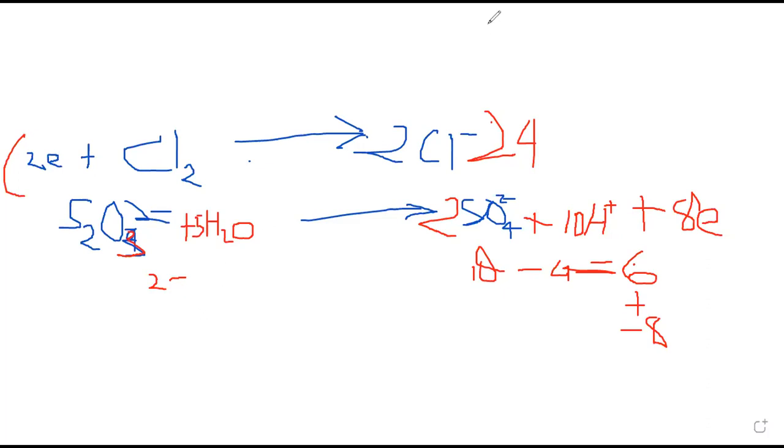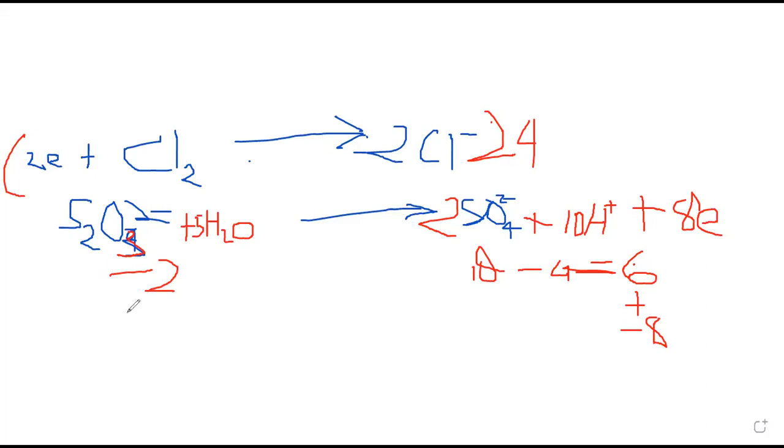To make the -2 a 6, we shall have to do what? What do we add there? We must add 8 electrons.